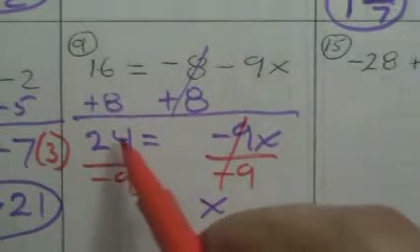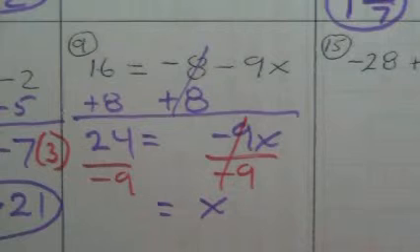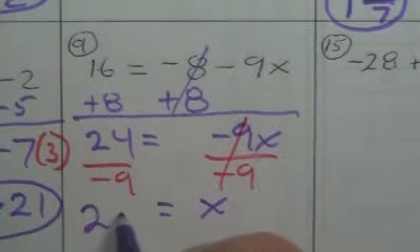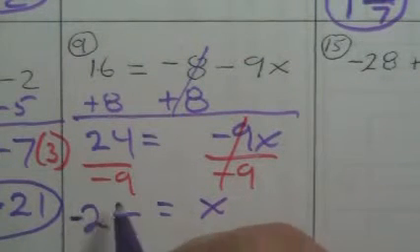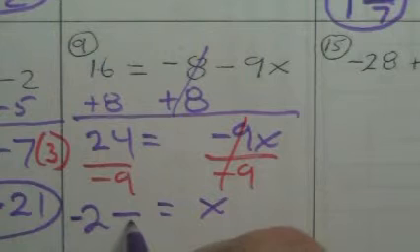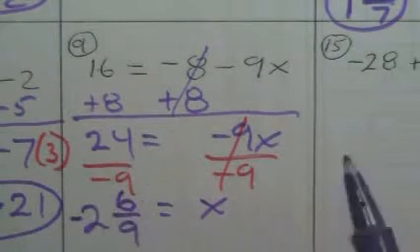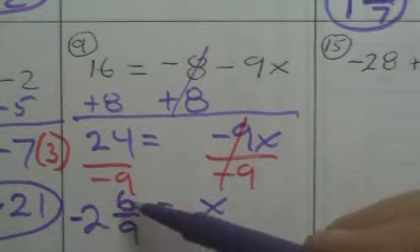So I have 9 into 24. 9 goes into 24 2 times. I'll put a negative because I know it's negative. That's 18 and 6 left over. Wait, 6 9s, that can be reduced.